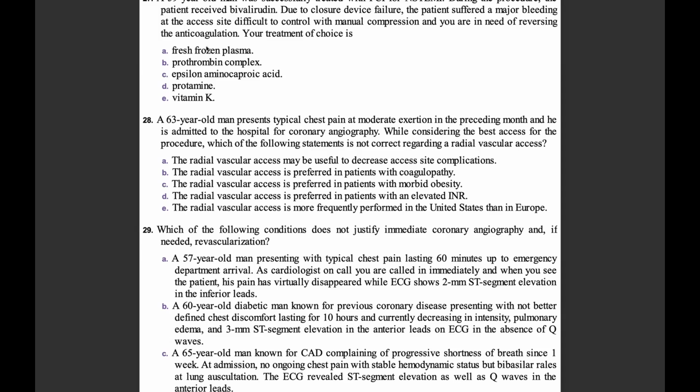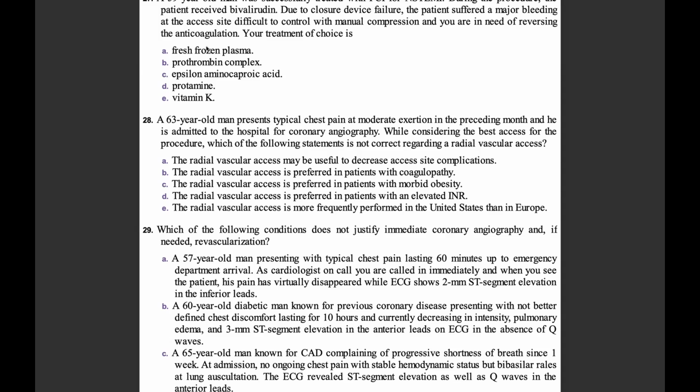For patients that are obese, you want to go through that approach, because in an obese patient, even locating the artery to do the procedure is a problem. Those are the kind of patients that you want to use femoral access for. So option C is wrong.